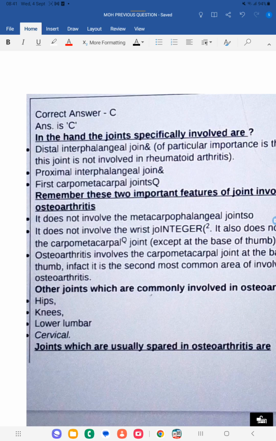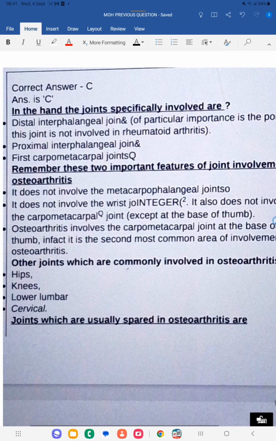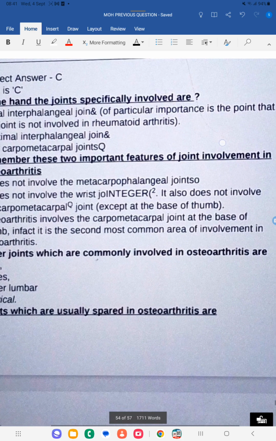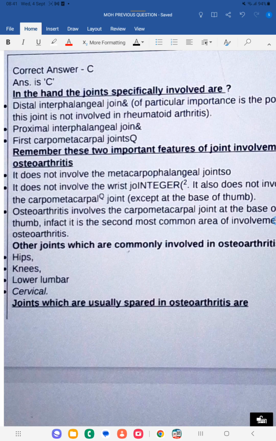So these are the areas where joints are affected first. Some of the other joints that osteoarthritis does not usually involve are the metacarpophalangeal joint, the wrist joint, and the carpometacarpal joint, except at the base of the thumb.